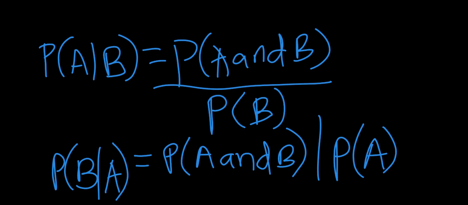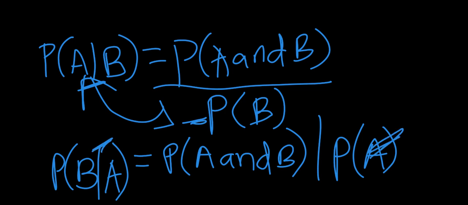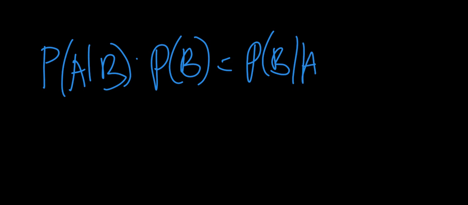So we notice that we can compute that this multiplied by this is this multiplied by this. So we can just compute that this is equal to this.